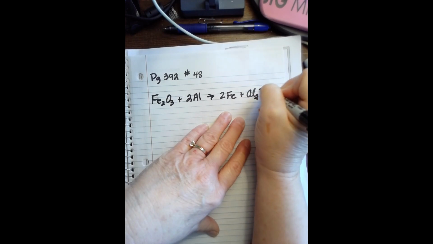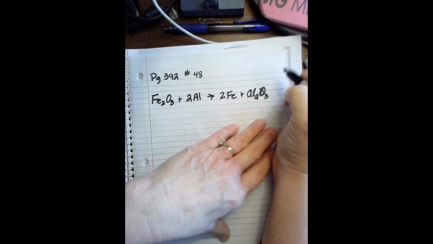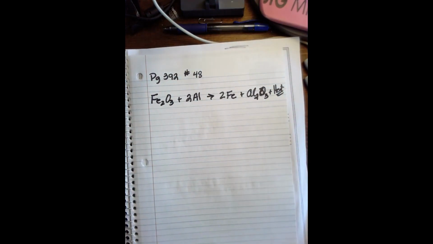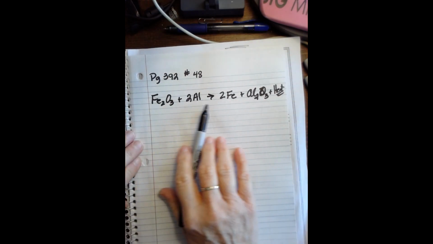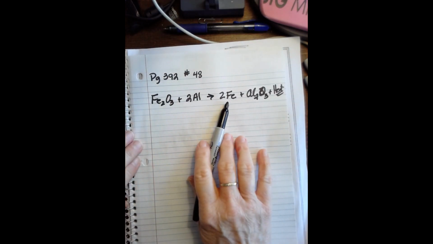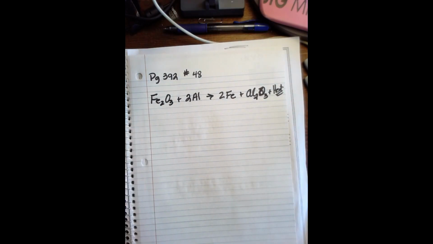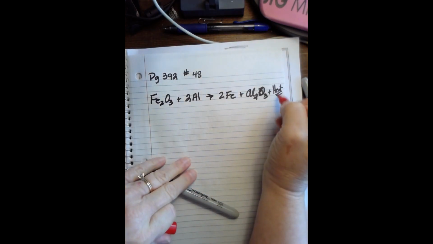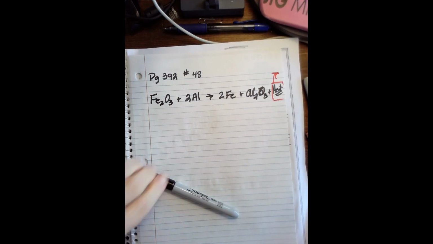And that just gives us something, sorry, that should be an oxygen 3 plus a bunch of heat. All right, so this just means this reaction is exothermic. So iron oxide is reacting with aluminum to produce aluminum oxide, that's Al2O3, and then a whole bunch of heat is given off. So this is an exothermic reaction. So that heat is being given off to the atmosphere.